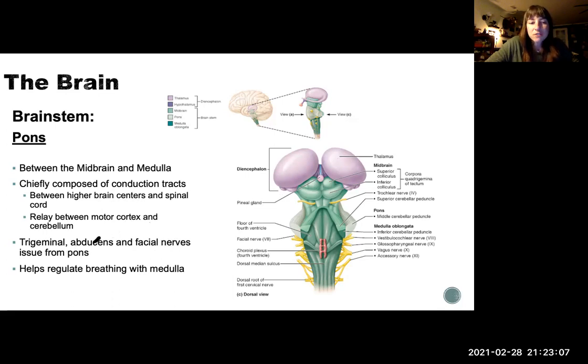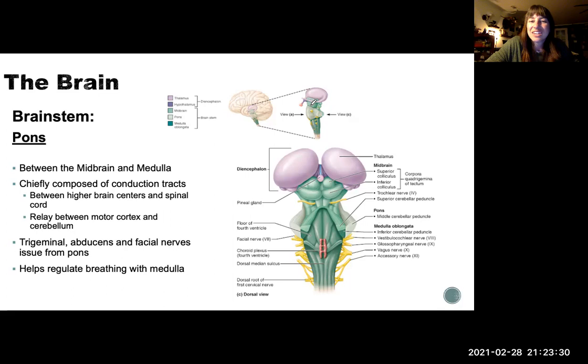Your facial nerves and several other nerves are going to issue from the pons. So it's going to help with visual communication in terms of facial expression and other things. Your breathing is going to be controlled partially by the pons and otherwise by the medulla oblongata. So it helps out with that, okay?